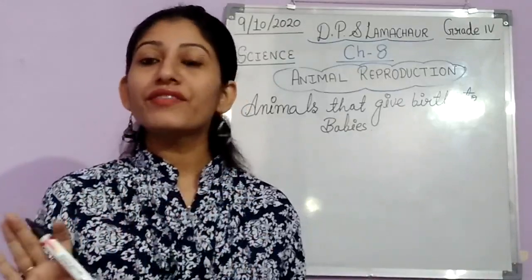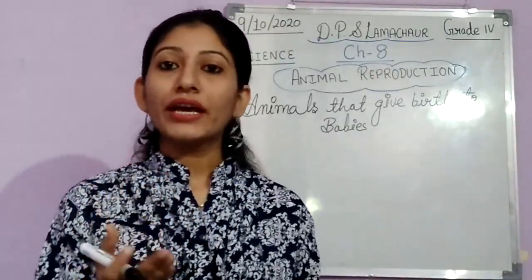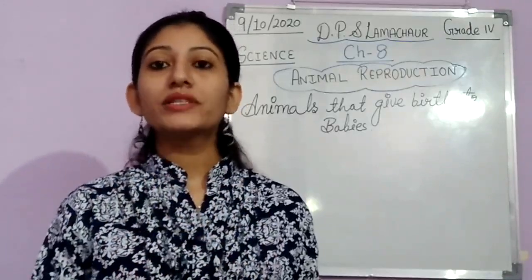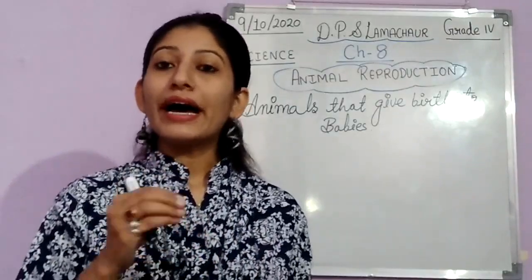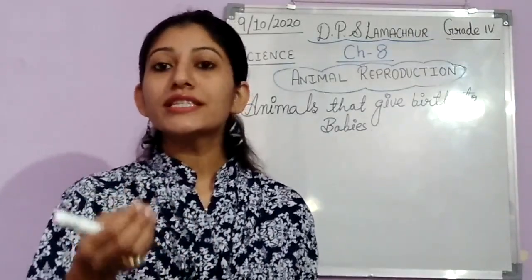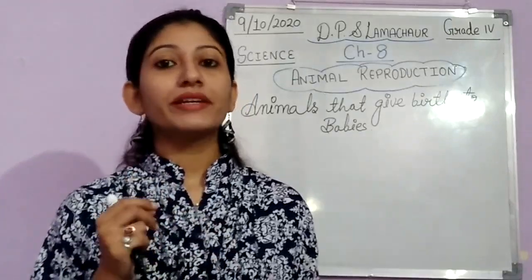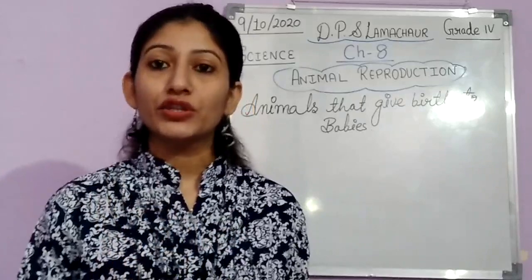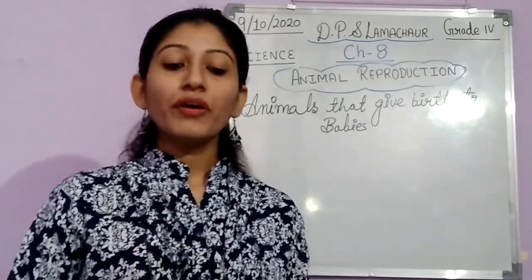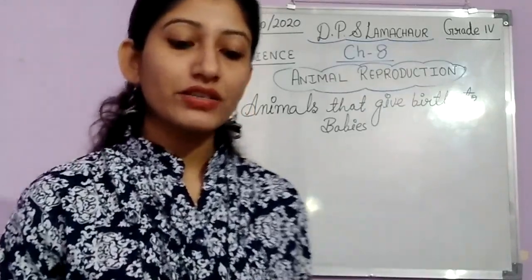They cannot give direct birth to young ones. But now today we are going to discuss some animals that give birth directly to the young ones instead of laying eggs. यहाँ पे जिनके बारे में आज हम डिस्कस करेंगे वो एग नहीं देते, they directly give birth to young ones. So for better understanding, kindly open page number 76 of your science book.